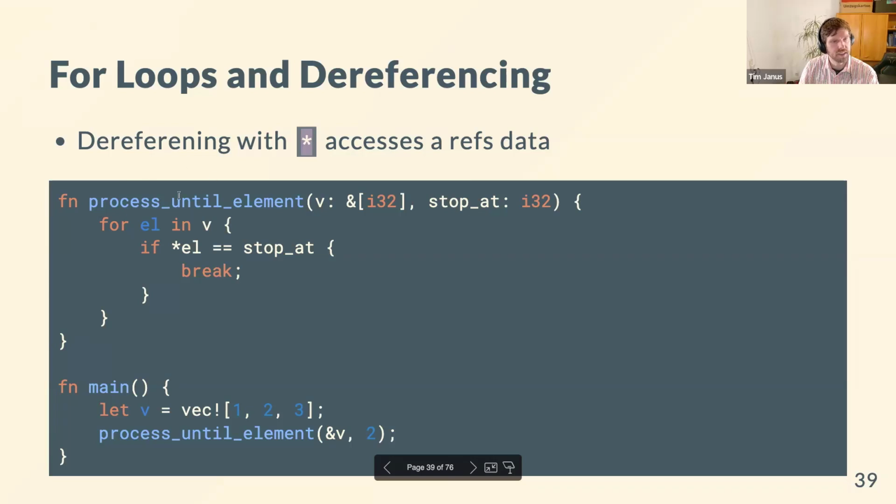Here in the example code, I just wrote a function process_until_element, which gets a slice, if you recall the slice from last time. It's like an array, and a parameter stop_at, the element value to stop at. When you now iterate over the slice, you access references here.